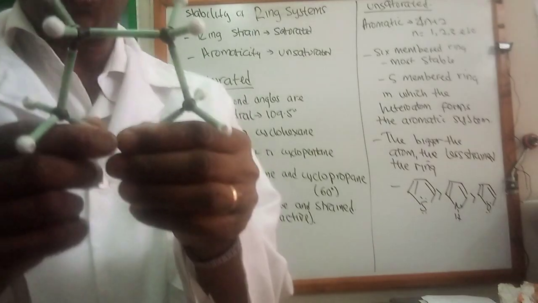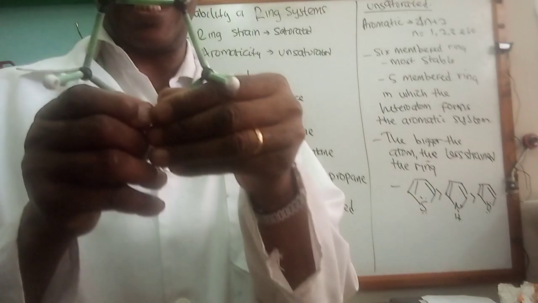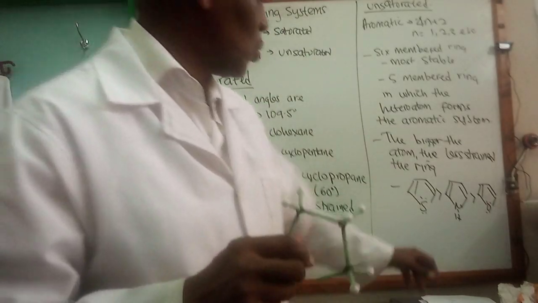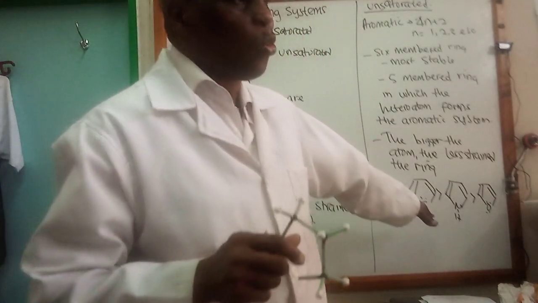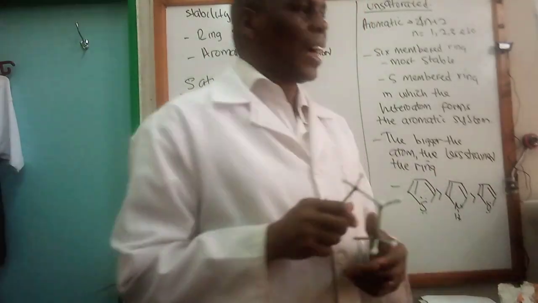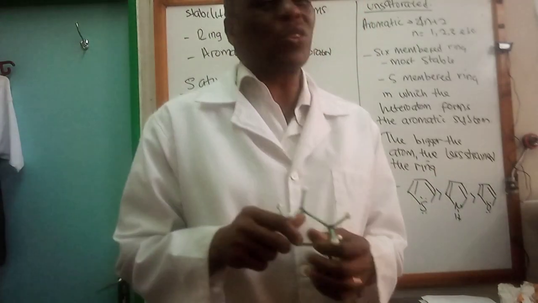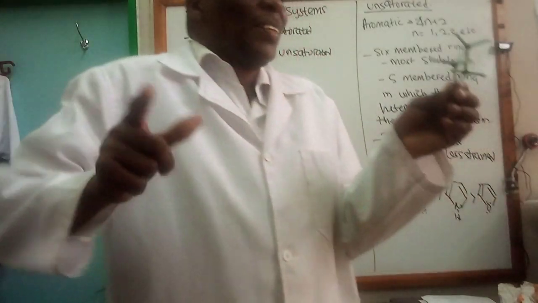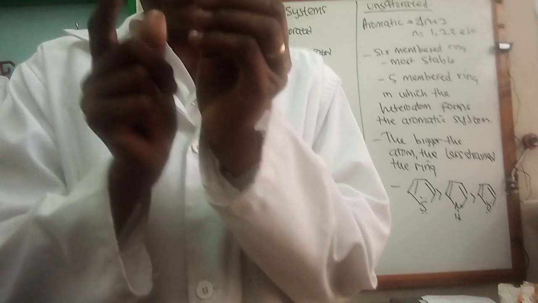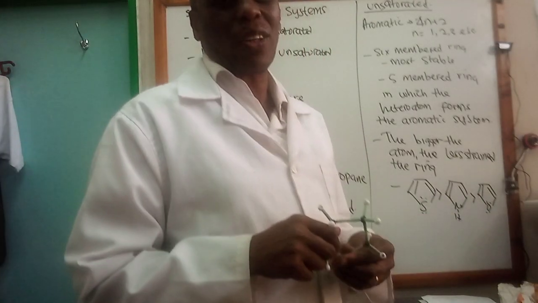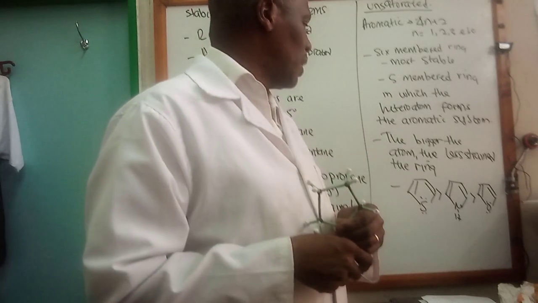So the bigger the group, the wider the bond angle. In this case, the sulfur will be more aromatic, whereas with an oxygen atom, which is quite smaller than nitrogen, the bond angles are going to be quite strained. So the more strained it is, the less aromatic and the less stable it's going to be.